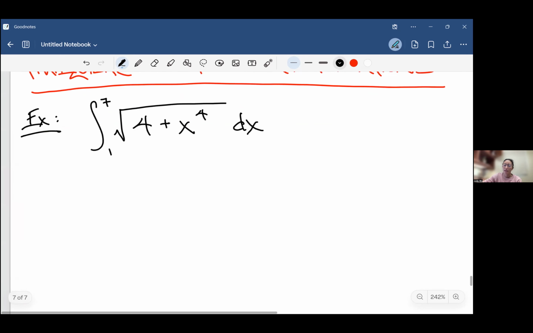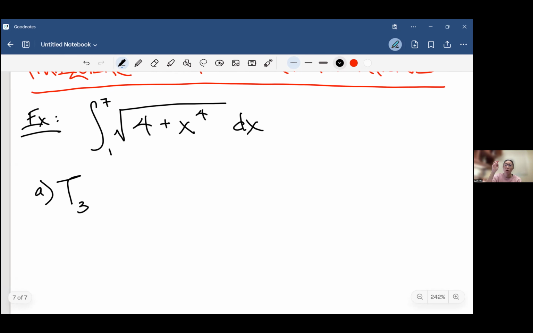And let's think about what our formulas are and also how we figure out how to set up our tables, okay? So let's start with the trapezoidal. Let's say that I want you to cut this up into 3 sub-intervals.